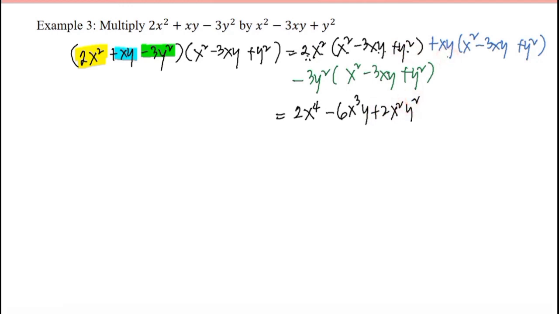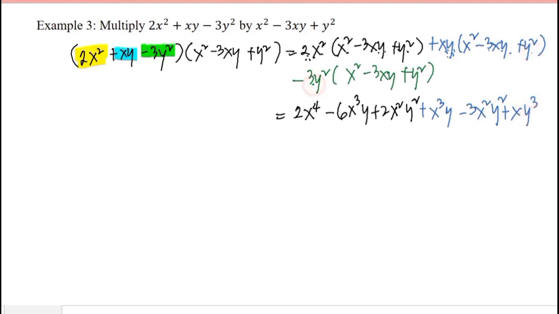So for this, x times x squared is x cubed, y. Then we have here negative 3, x times x is x squared, y times y is y squared, is x, y times y squared is y cubed.